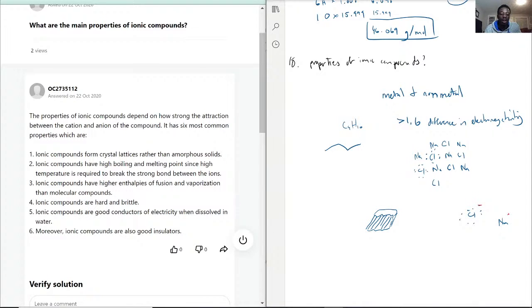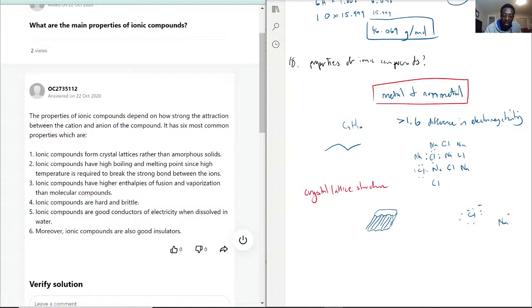And more, ionic compounds are also good insulators. That one, not really sure. Well, the rest of the list is correct, so I'll have to assume this is correct as well. But the point being, the one you have to really focus on is the crystal lattice structure. It is between a metal and a non-metal, okay?